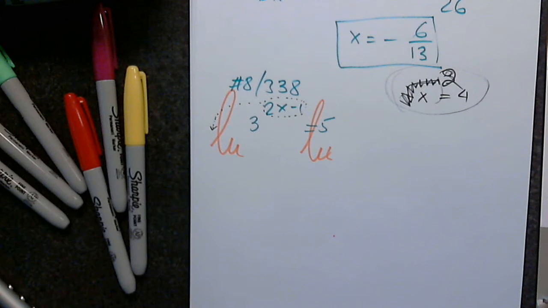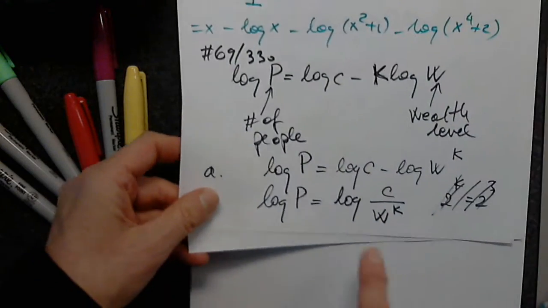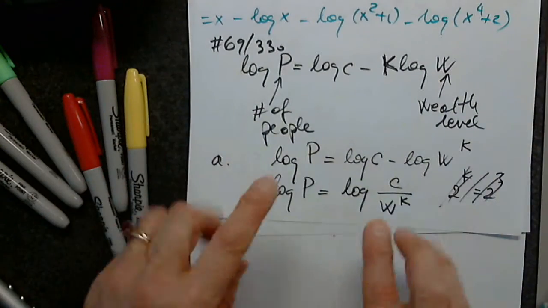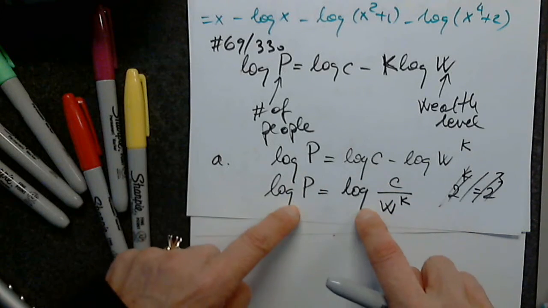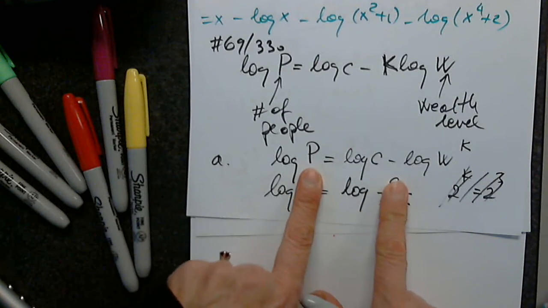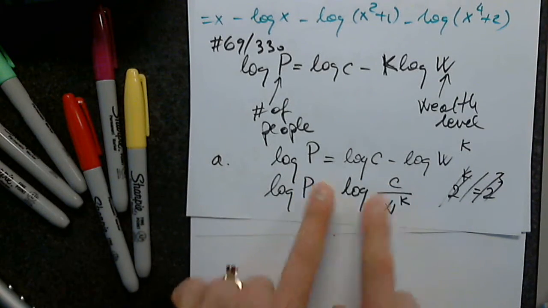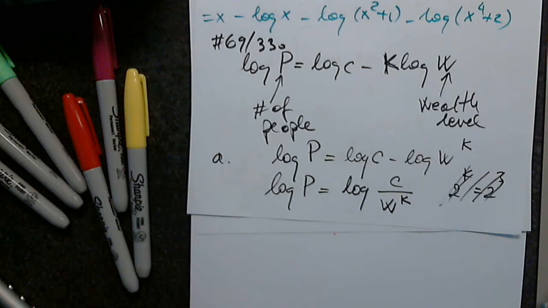If two numbers are equal and I apply the same log to them, the log has to be the same because the numbers are equal. So it's the exact reverse step that we had here. Here we said two logs are equal, they're in the same base, then the numbers have to be equal. Now I'm saying two numbers are equal, their logs must be the same.